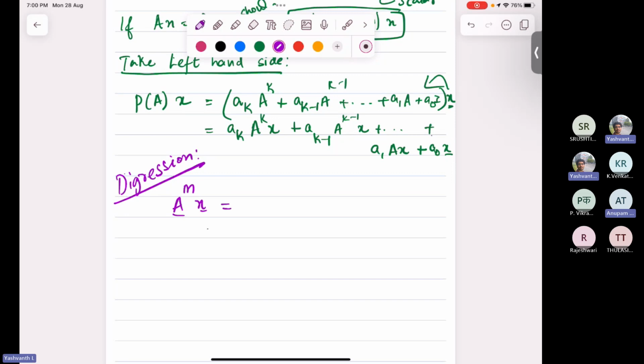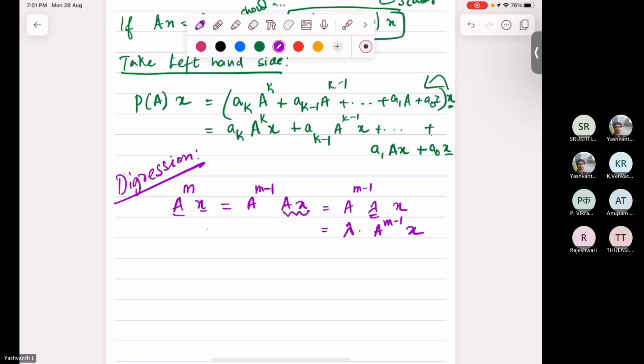I can write A^m x as A^(m-1) times Ax. But now what is Ax? Lambda x. So A^(m-1) times lambda x. Lambda is a scalar, so this is nothing but lambda into A^(m-1) x.